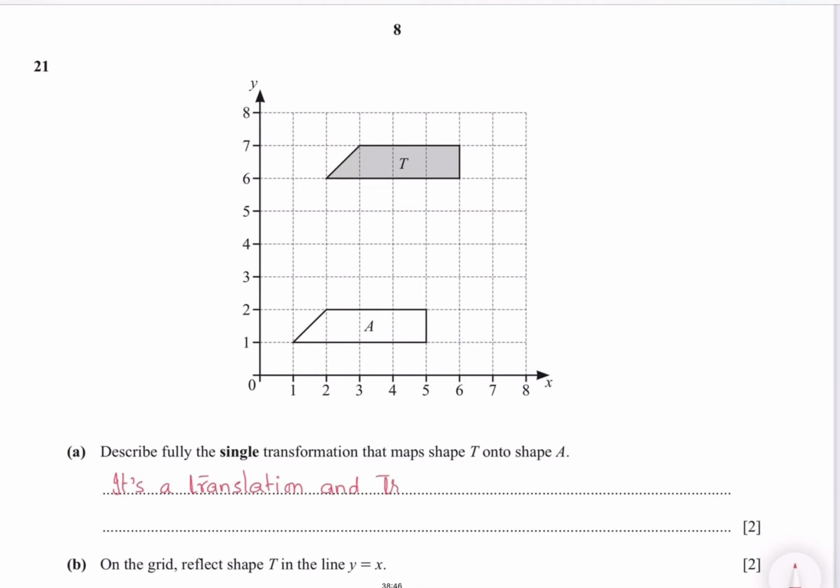It's a translation, and the translation vector is, I took this edge which I marked with the red and move 1 unit to the left means -1, and then go down to the corresponding edge on shape A. So it is 1, 2, 3, 4, 5. So -1, -5 would be the translation vector, and this is the full description.